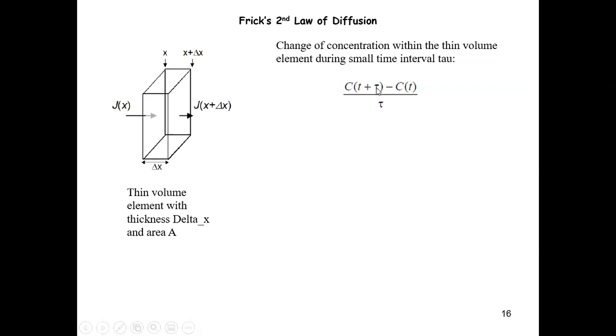This is my concentration after a certain time tau. And this is my initial concentration, C at time t, right? I take the difference and divide by tau, and I get the rate of change of the concentration in that small volume, right? Does this make sense? And what are the causes for this change of concentration over this time tau?